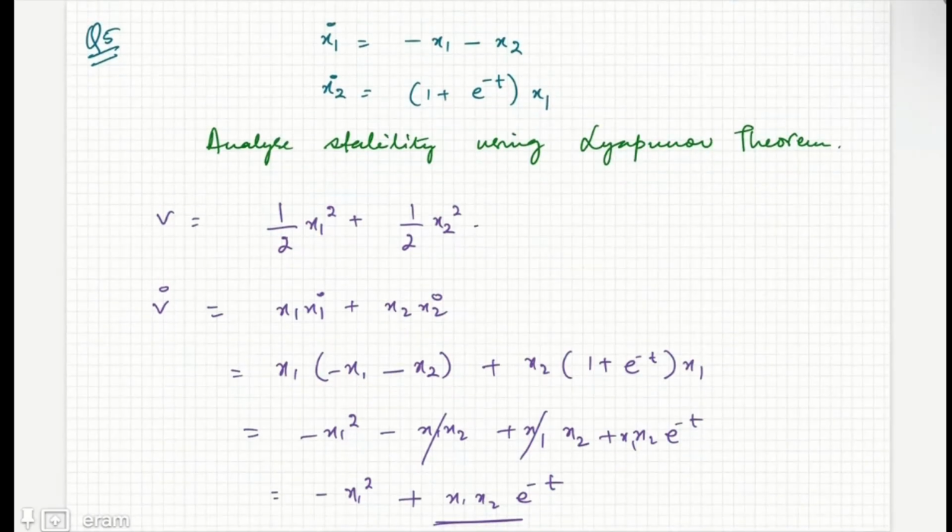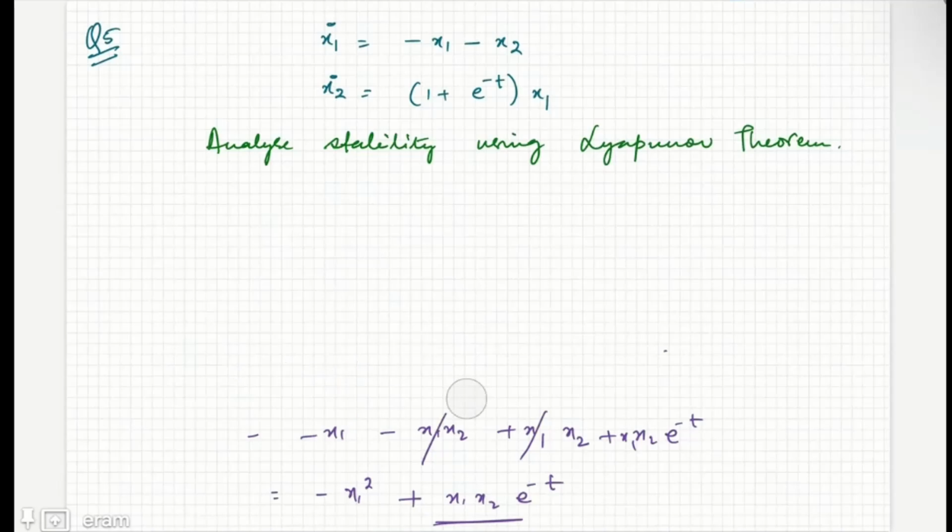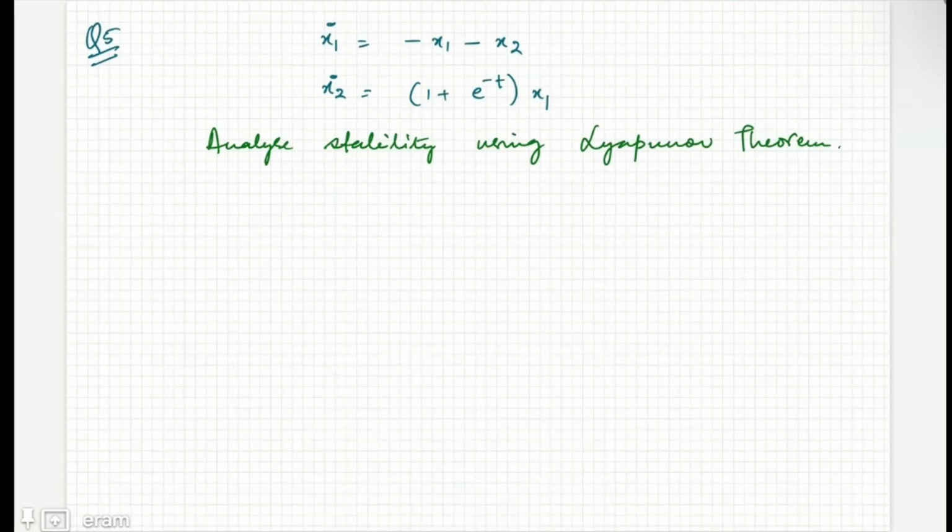So now let's change our Lyapunov function to something like this. Let's modify our Lyapunov function to some time varying Lyapunov function. So v is a function of t and x.